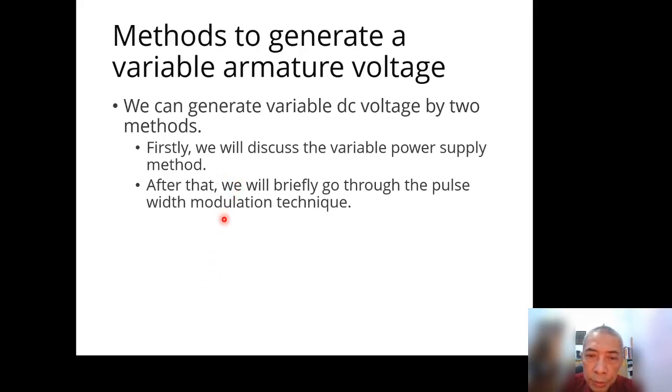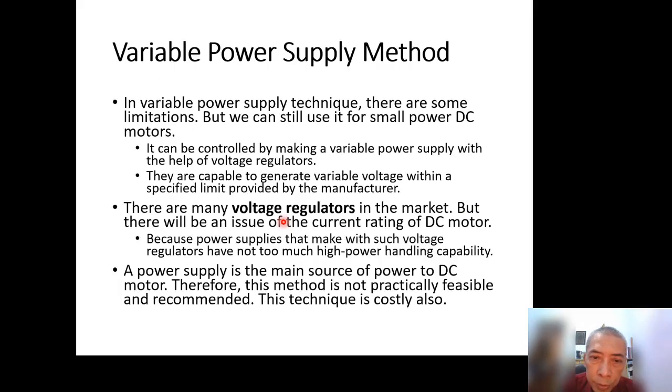you can control the DC motor using the voltage regulation or using the pulse width modulation. In this example, we will use the pulse width modulation. So this kind of voltage regulator has a symbol, but it is not practically visible or recommended.